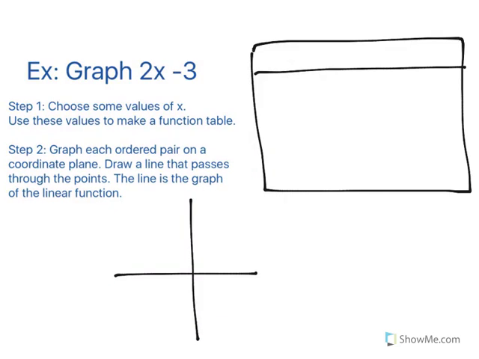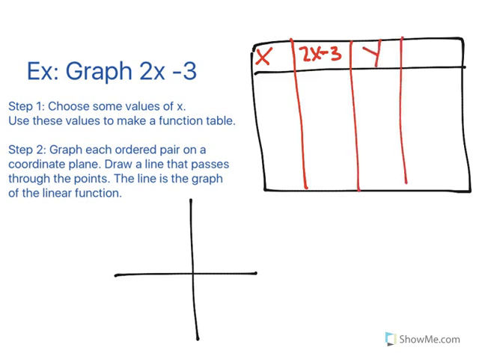So one last example, I'm going to graph 2x minus 3. A little difference is there's some multiplying in here. So again, let's fill out our chart. We have x, we have our 2x minus 3, I have my y, and then I have my ordered pair.